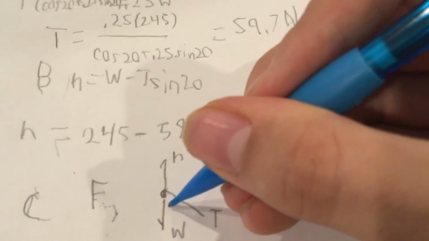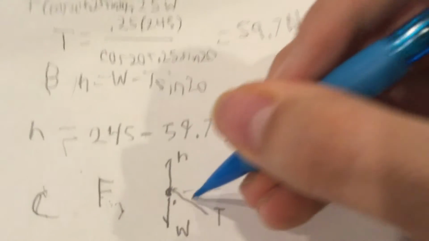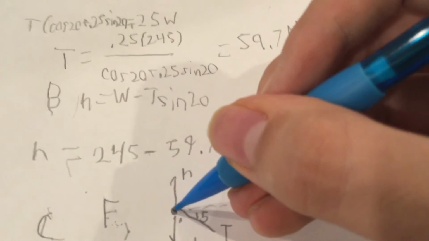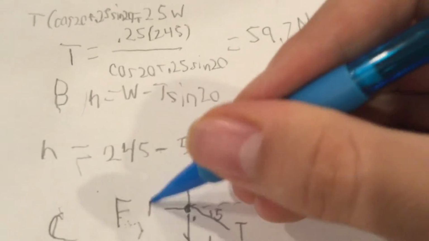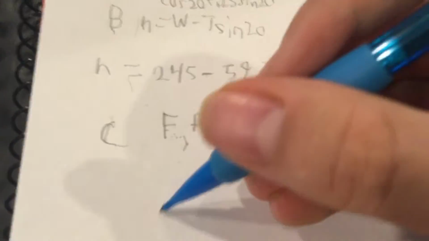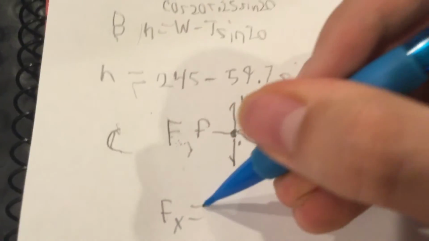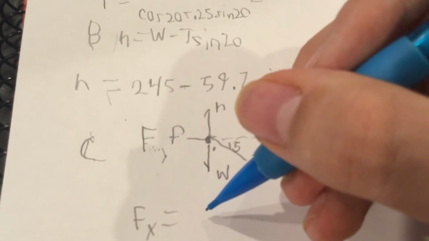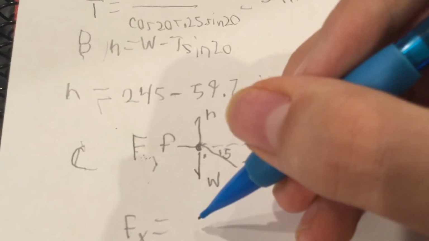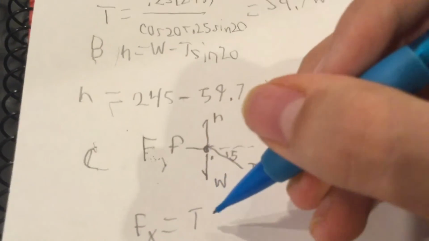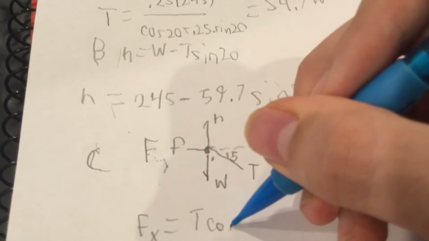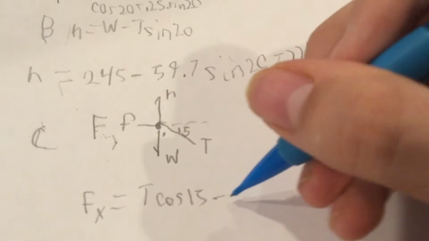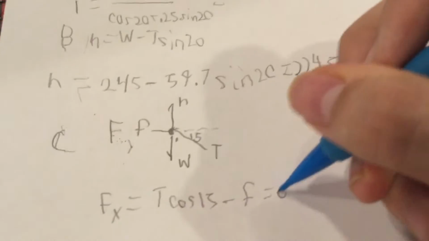This is going to be 15 degrees below the horizontal. Then we have friction. Okay, so we're going to get the forces X, which is just going to be T cosine 15 minus F equals 0.